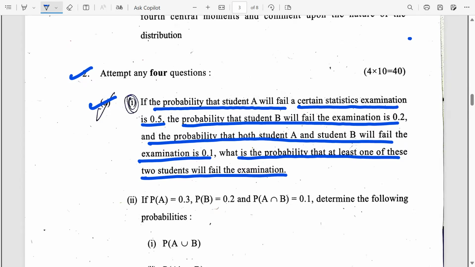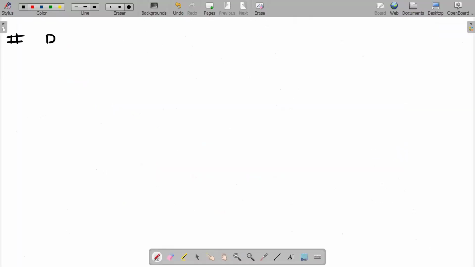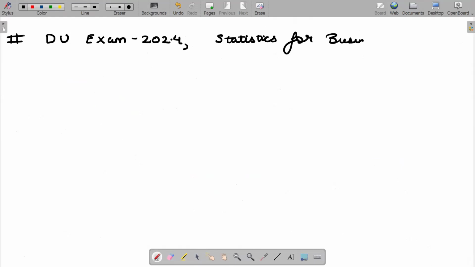I'm just writing the main heading for completeness. We are looking at Delhi University exam 2024. Just revising that the name of the course is Statistics for Business Economics Part 1 course.